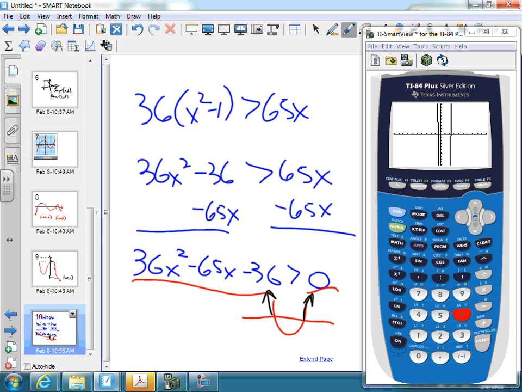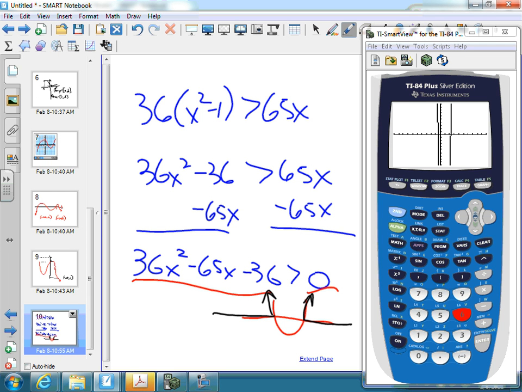So the solution to this inequality are going to be the x values from here out and the x values from here that way. Can you see that? Is there a question on that? This is really important for this problem. We're okay? Yes. Okay.